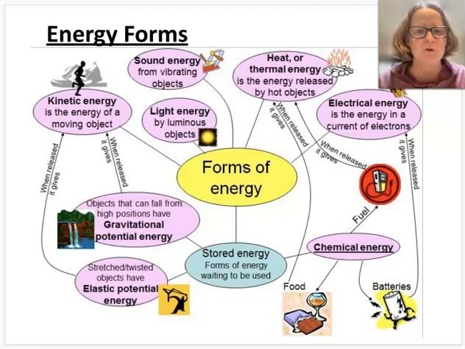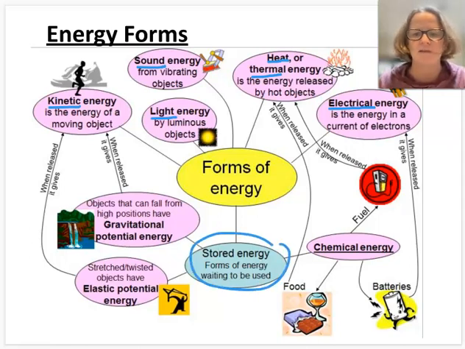Moving across the top, we have kinetic energy, that's movement energy, light energy, sound energy as objects vibrate, heat, or more correctly thermal energy, which is when energy is released by a hot object, electrical energy, which is what we're going to concentrate on today, and stored forms of energy, and these are all called potential energy.